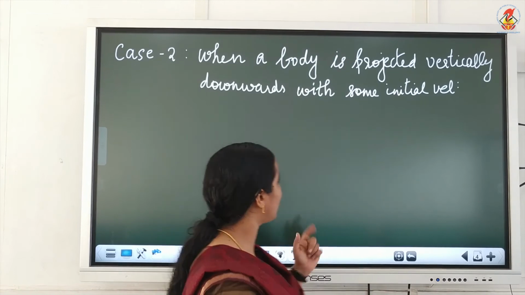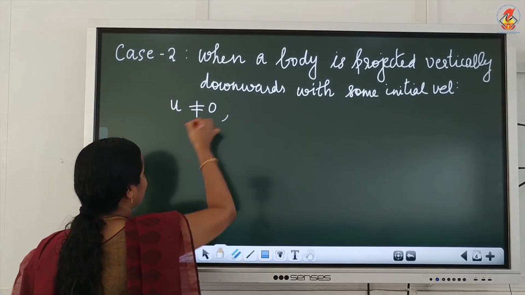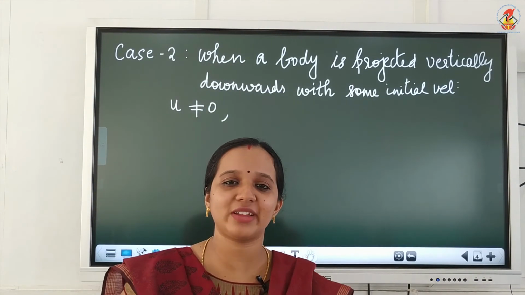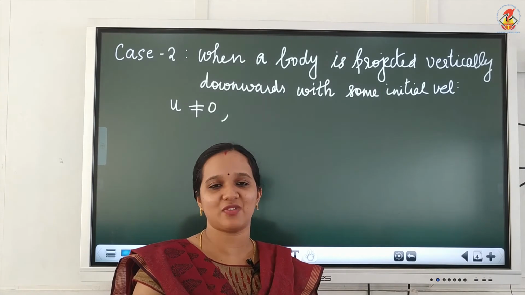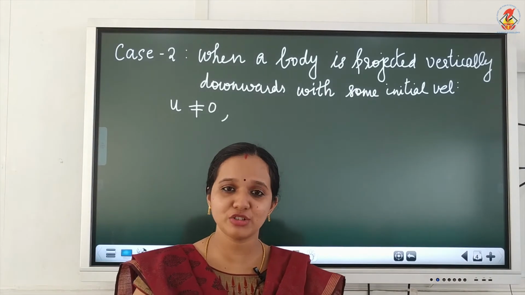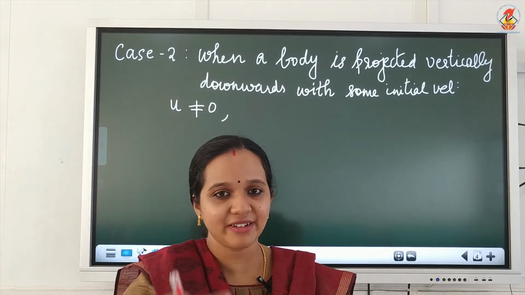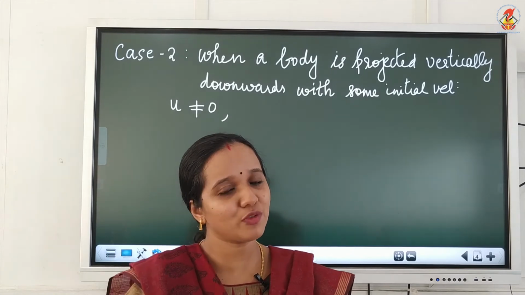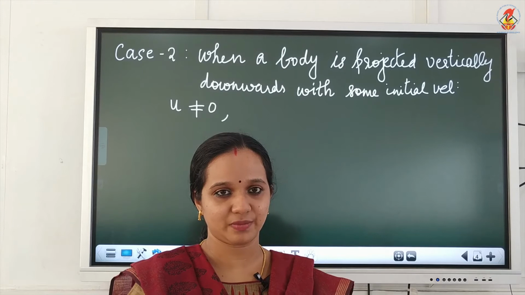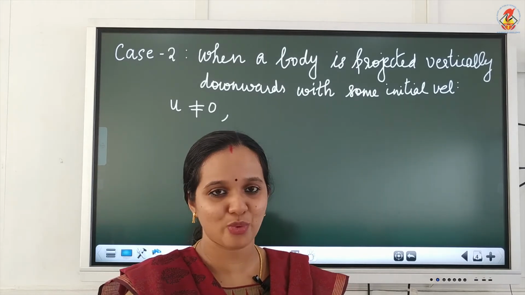Okay. So, here initial velocity is not equal to 0 because the object is dropped vertically downward with some initial velocity. So, u is not equal to 0, and here too the body is moving downwards. As the body moves downwards, the velocity of the body will increase and hence its acceleration will have a positive value.